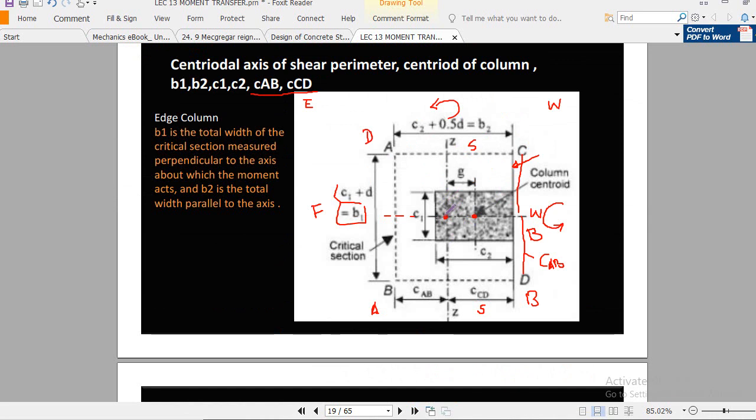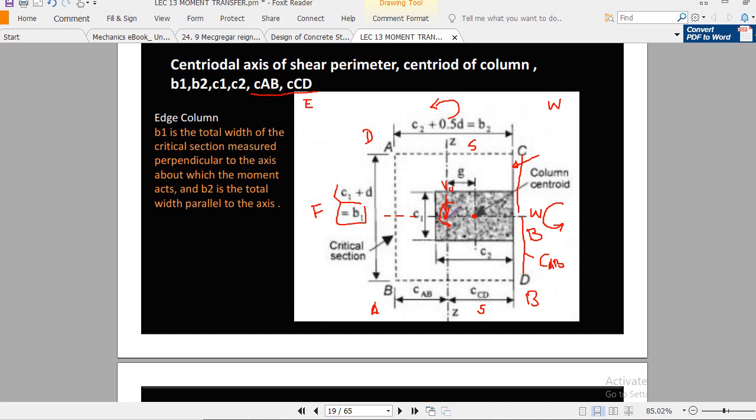We have to transfer that moment to the centroid of the column, and when you transfer that shear and that moment, it causes some extra moment right here, because you have this VU.